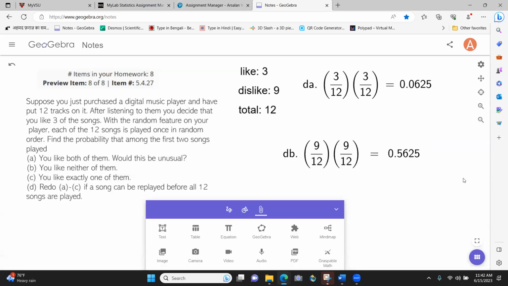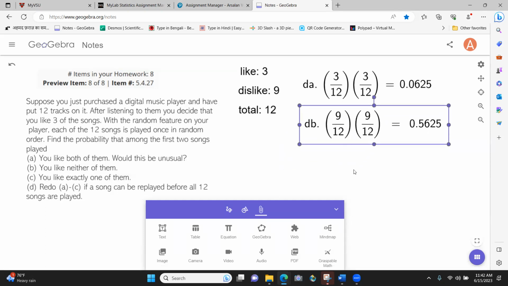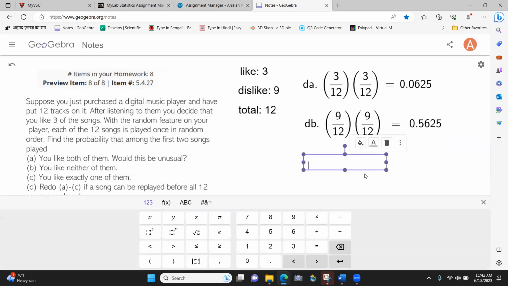You get the point. Now, the last one is you like exactly one of them. So we have two cases. I'm going to call it DC. First case, let's say it plays the one you like. The probability that it'll play the one you like is 3 over 12. Now it's going to play one of the ones that you don't like.